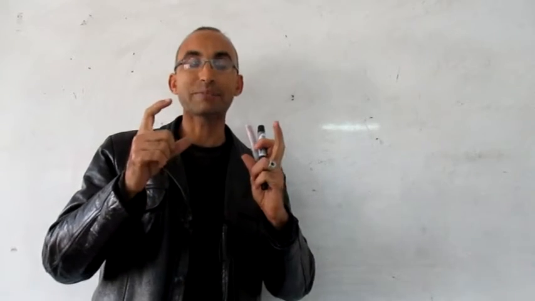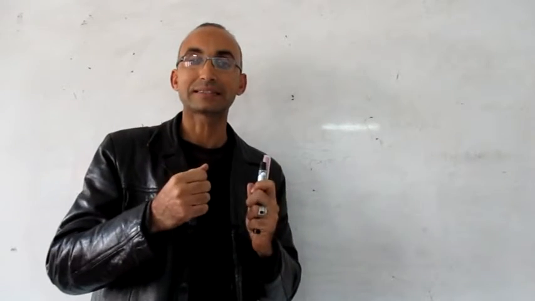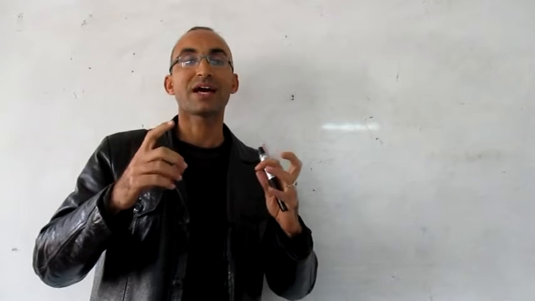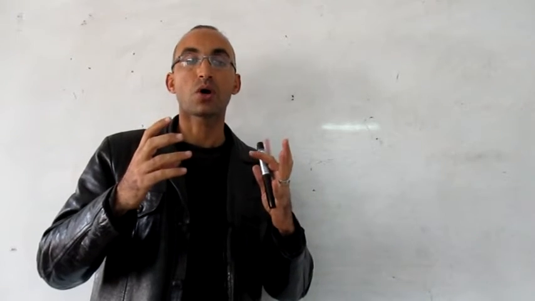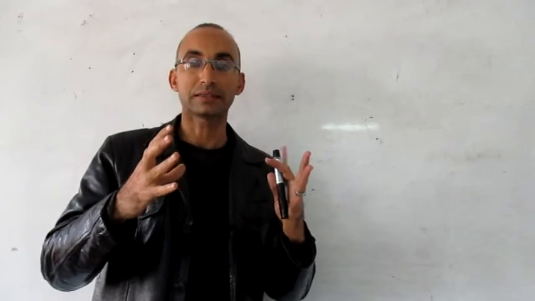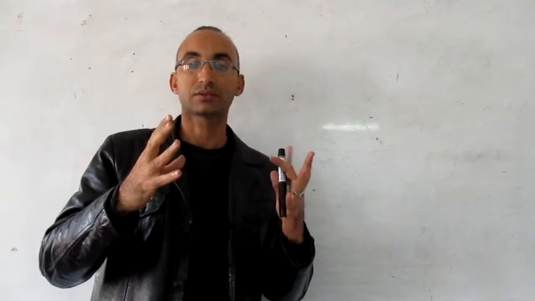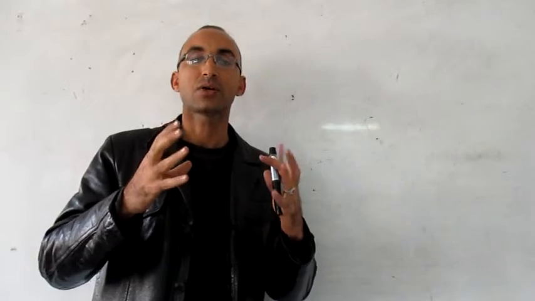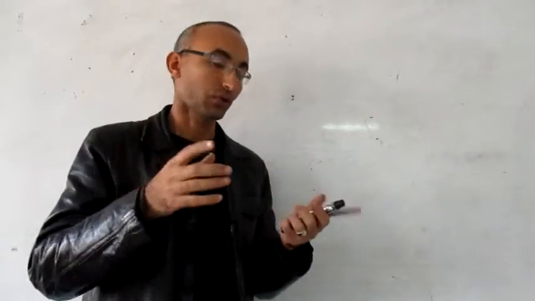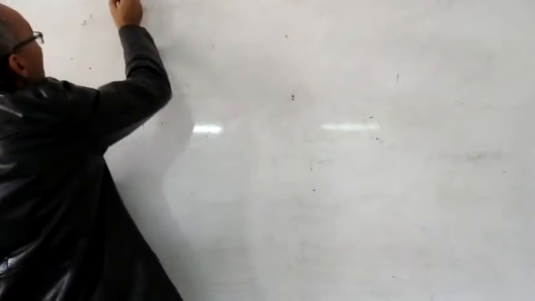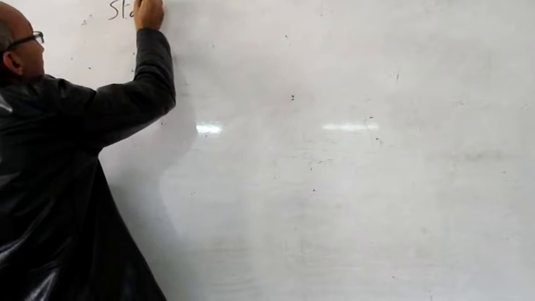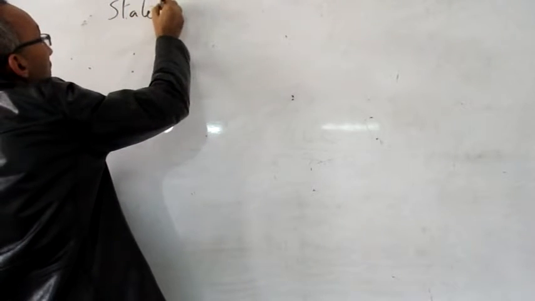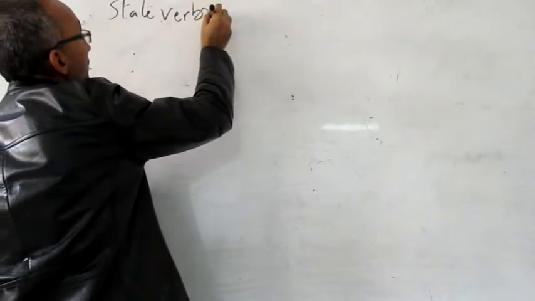Now, as their name implies, state. These verbs, they what? They express or describe a state. Clear? Or a situation. Alright. But not an action. State or situation, but not an action. For example, we have state verbs.